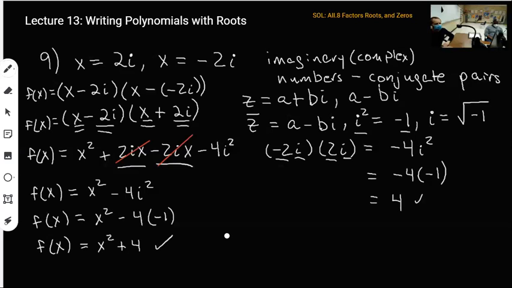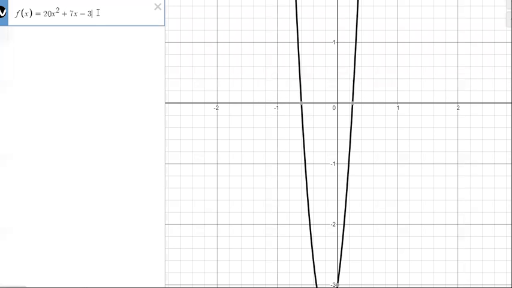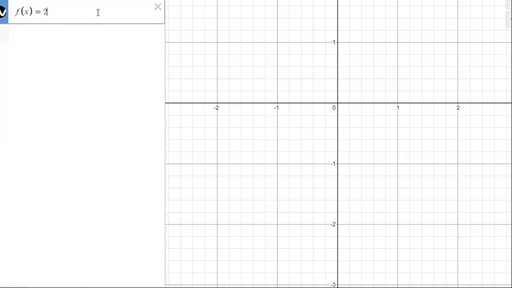Okay, so let's take a look at this and graph it, and let's see where it crosses the x-axis, because it better cross the x-axis at our two roots, right? 2i and negative 2i. So let's take a look at that. I'm going to graph x squared plus 4.